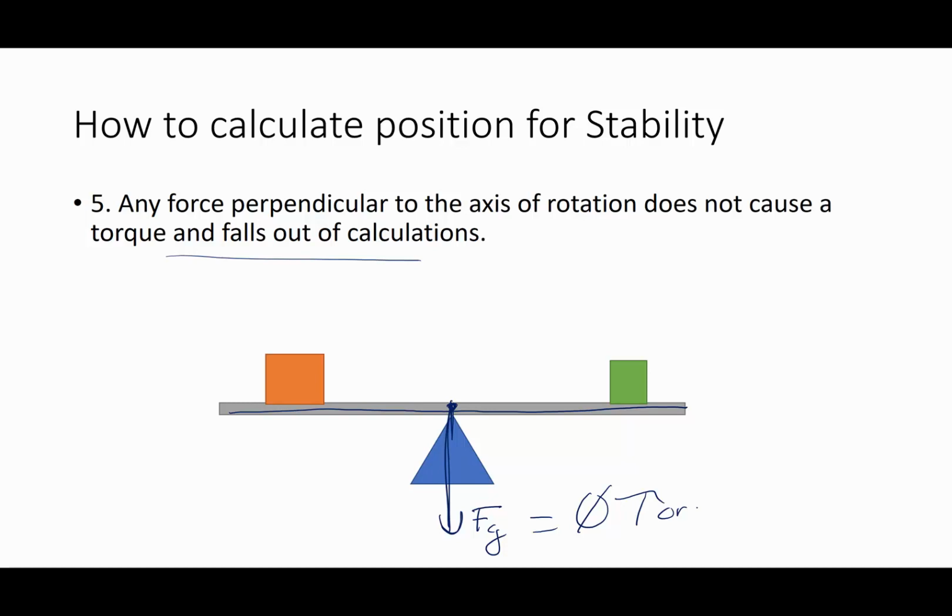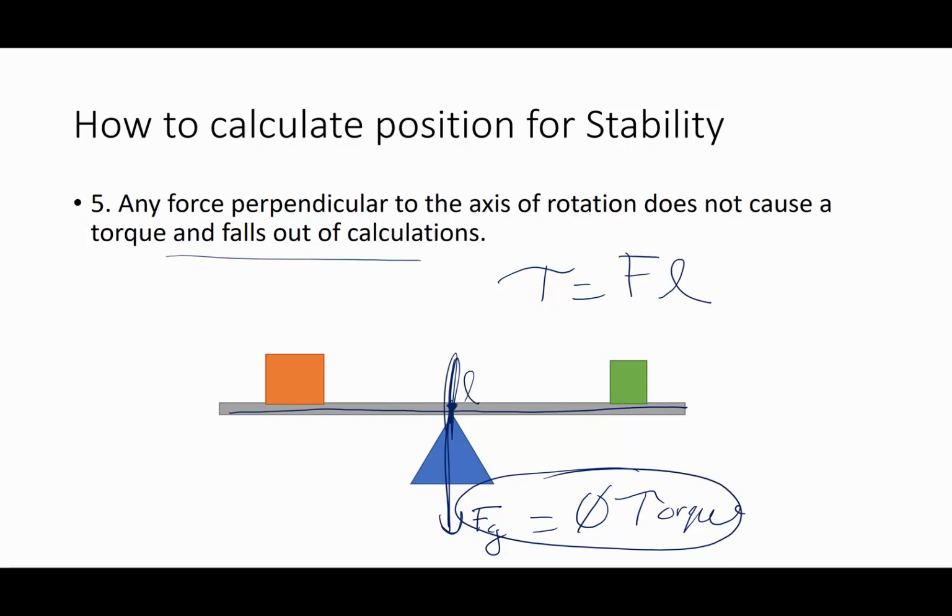The reason it's not going to cause a torque is that torque is force times lever arm. Well, if the lever arm is 0 because it's on the actual point we're choosing to call our mathematical pivot, it's not going to cause a torque, and it will fall out of the equations. That can be handy if we're dealing with a complicated problem and we want a variable to disappear.